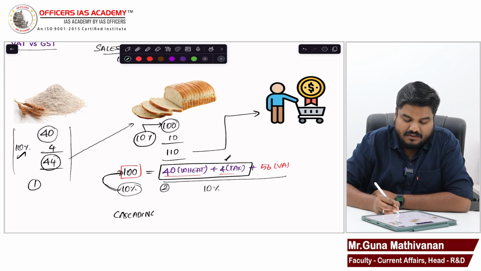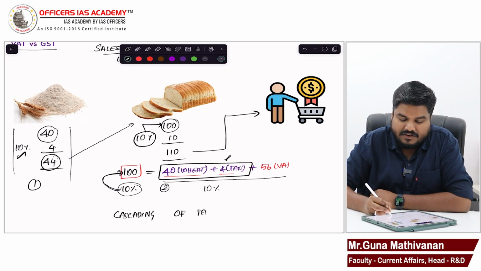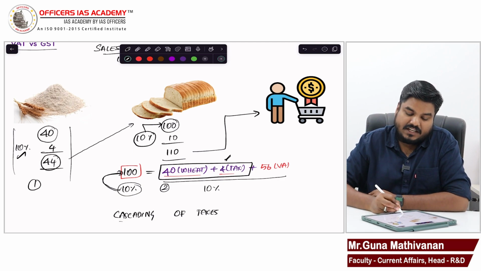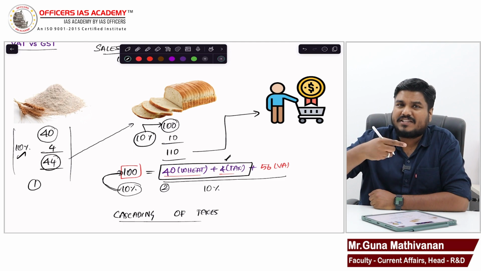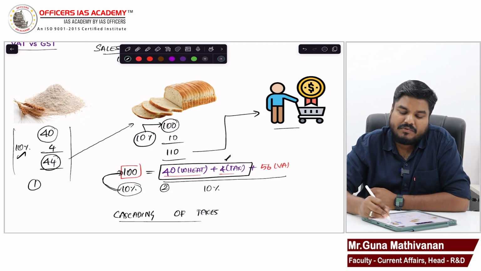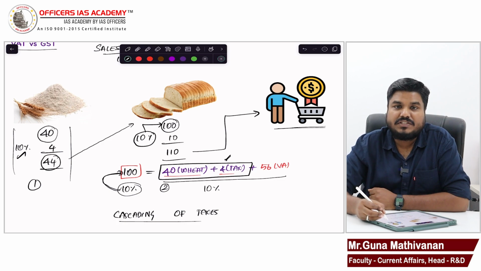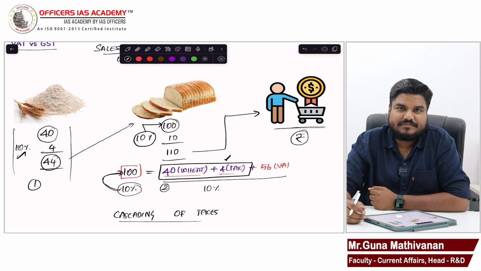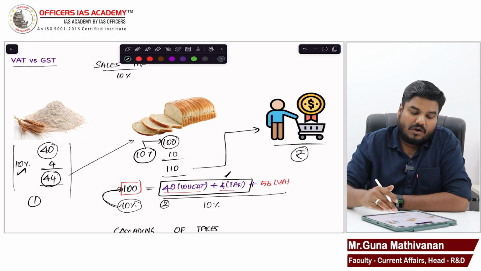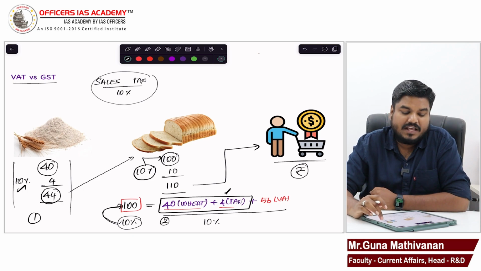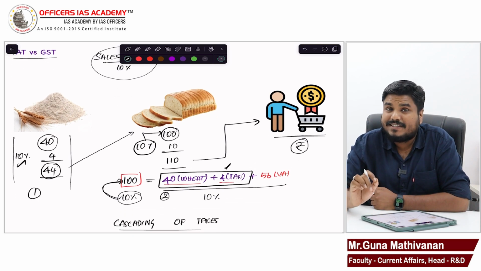So this cascading of taxes, that is imposing tax on the same part again and again, will make the product more costlier. The consumer will end up paying more amount of money. So this is the drawback which we notice in sales tax regime.